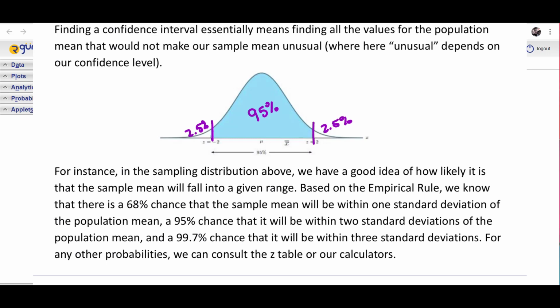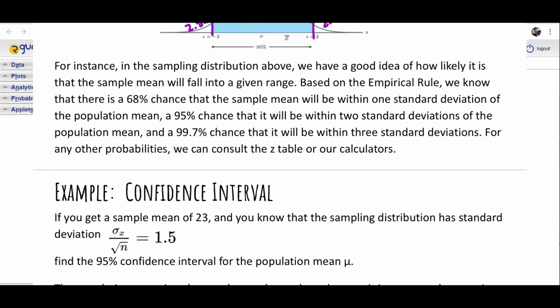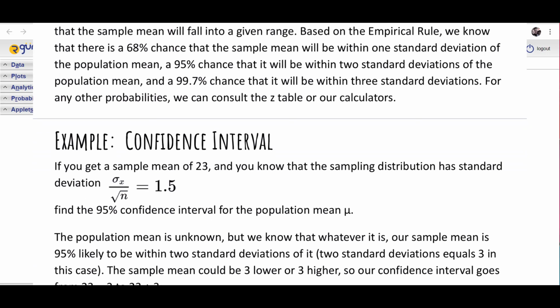And anything outside of that is what we're going to consider unusual. It might sound a little complex, but as we talk about it, it will get a little bit easier to understand.